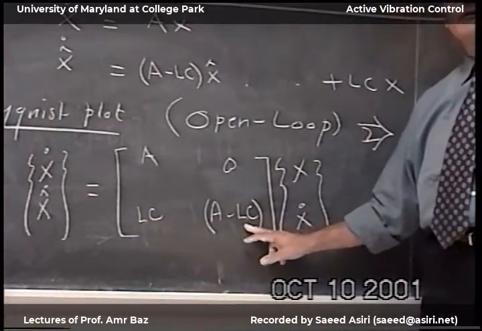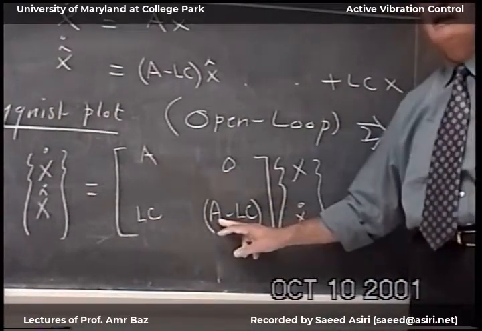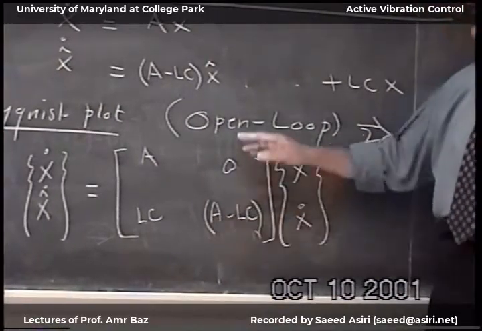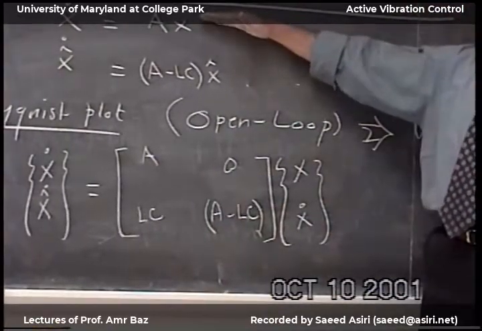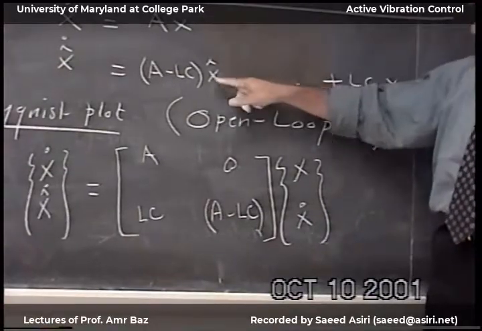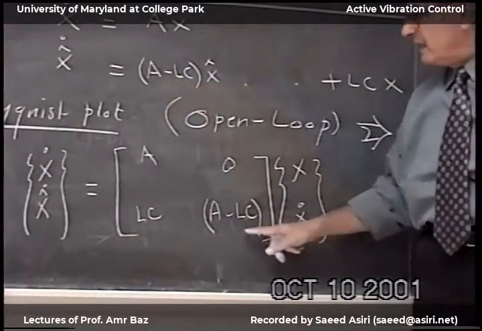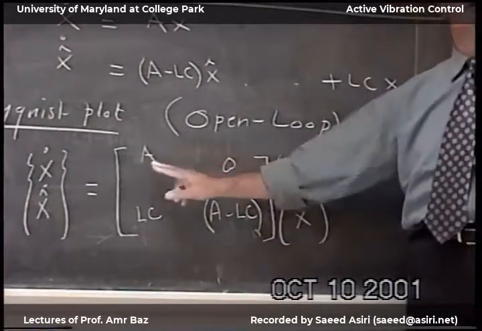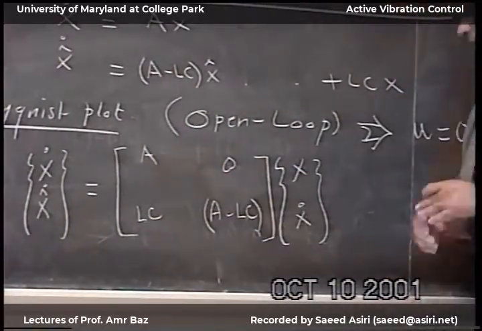This will be 0. And the matrix will be the A and the A, which is the original system. So now I have my system like this. When I put the observer, the system matrix changes. And the description of the entire system is in this form. Okay?